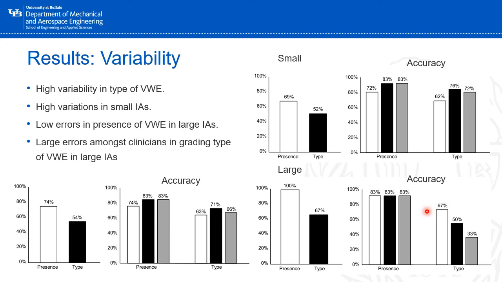But interestingly, we observe that each individual clinician has different accuracies for rating the type of vessel wall enhancement because the aneurysm region itself is pretty large, and different clinicians can look at different parts of the aneurysms or different slices on the 2D slices and have a different response for the type of vessel wall enhancement being exhibited.